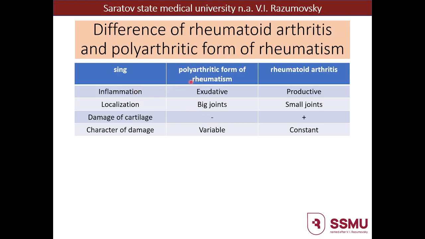In case of the polyarthritic form of rheumatism, we may see exudative inflammation in the big joints without damage of cartilage, and it will change its localization, it has a variable character of damage. In case of rheumatoid arthritis, we may see productive inflammation, which will be localized in the small joints, will be associated with damage of cartilage, and will be localized in the place where it starts.